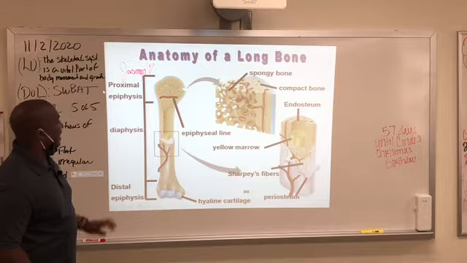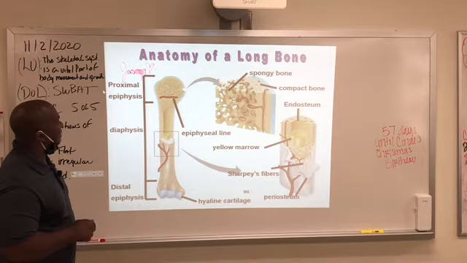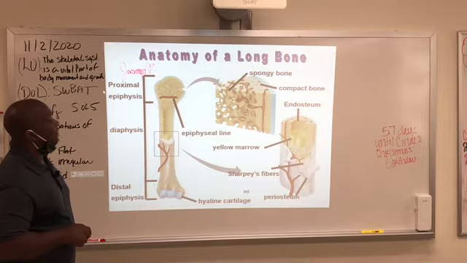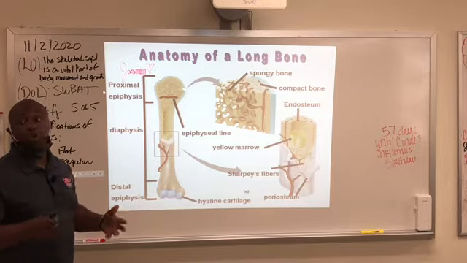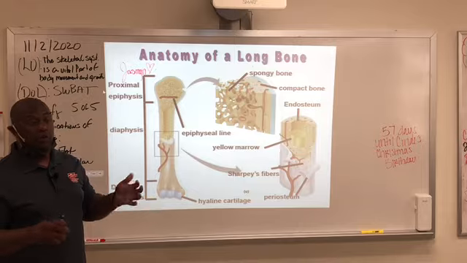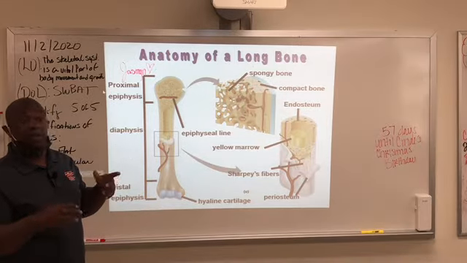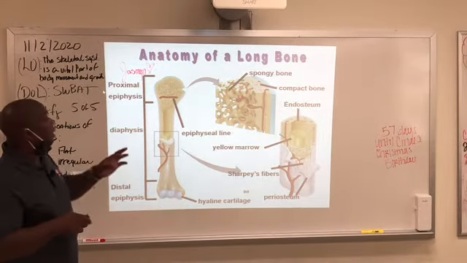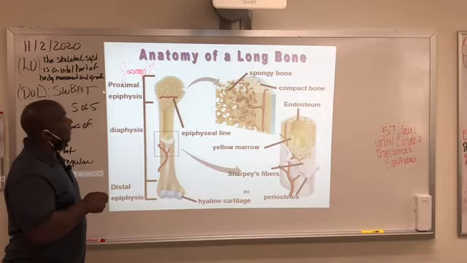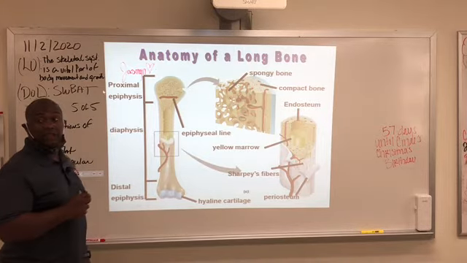Now, an interesting thing about the femur is that it has what we call epiphyseal line or growth plate. Okay? So if you want to know how tall you're going to be, or how tall your children are going to be, this growth plate is what lets you know.